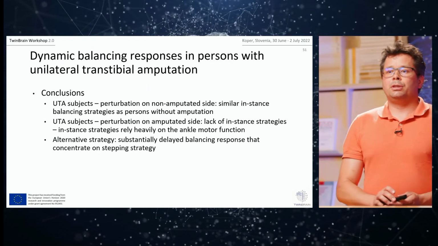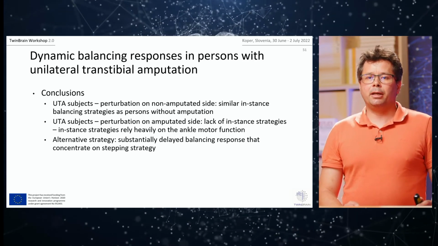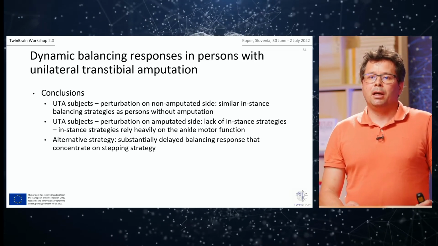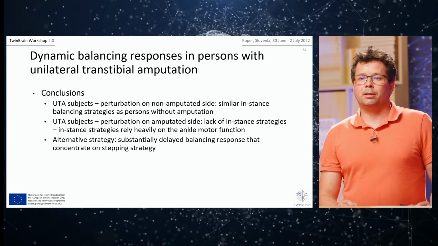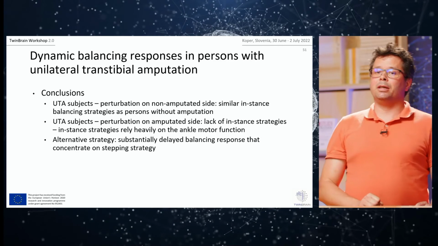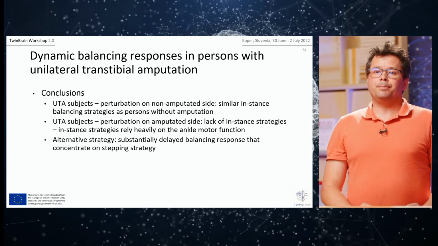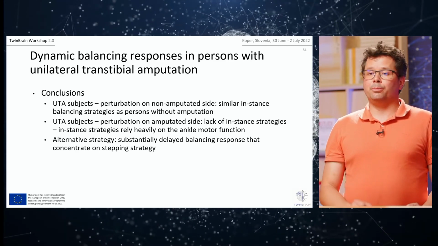To conclude with this particular case, what we notice is that when the amputees are perturbed on their non-amputated side, they develop a similar instant response as persons without amputation.